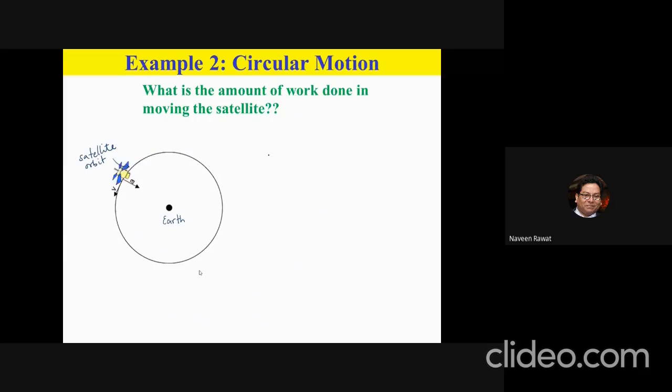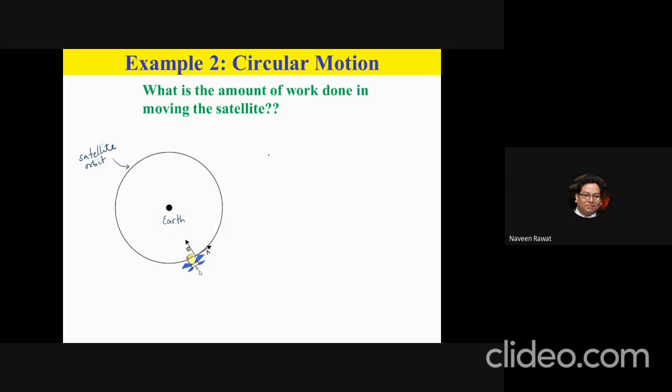And similarly, if you think about it, if there is a satellite orbiting the Earth in a steady orbit, we can ask the same question again: what is the amount of work done to move the satellite in this circular orbit?